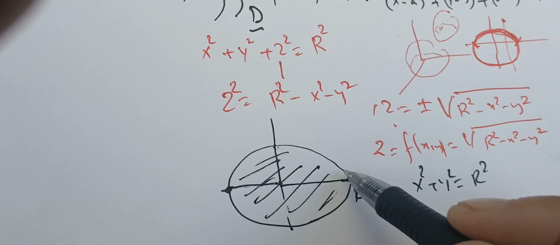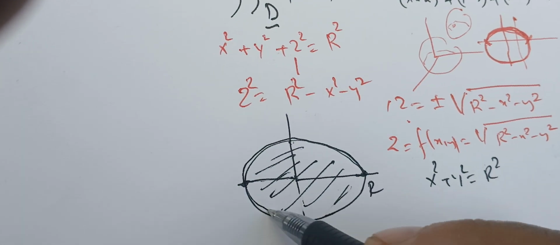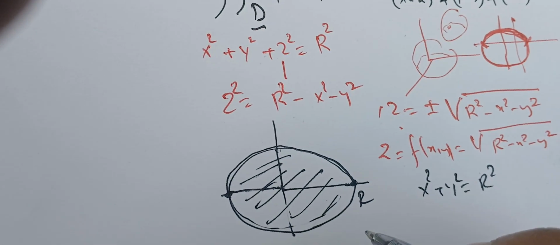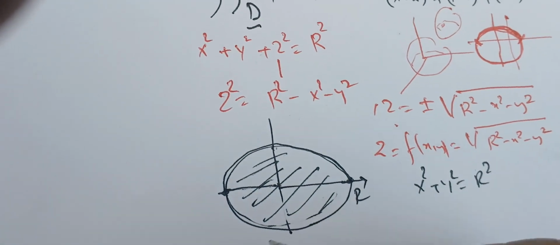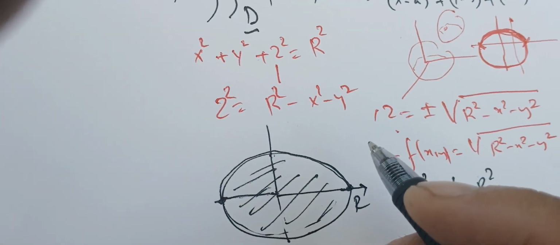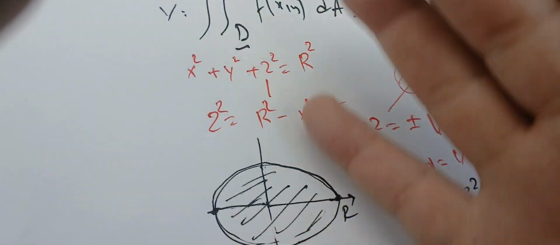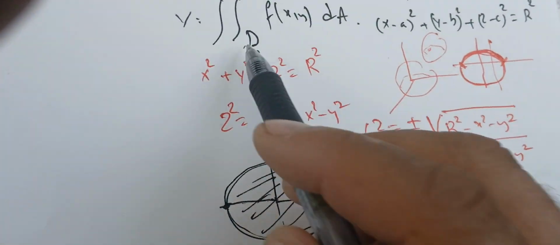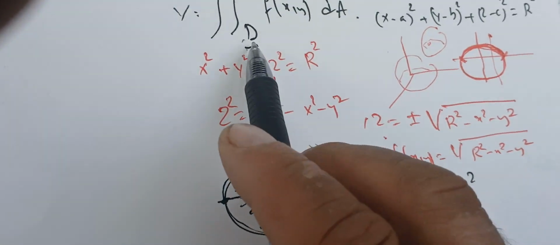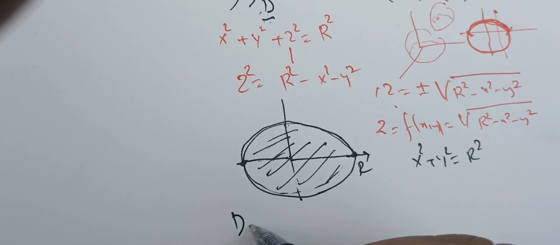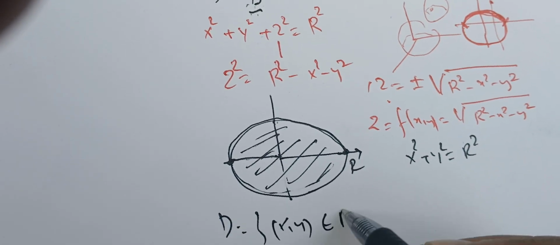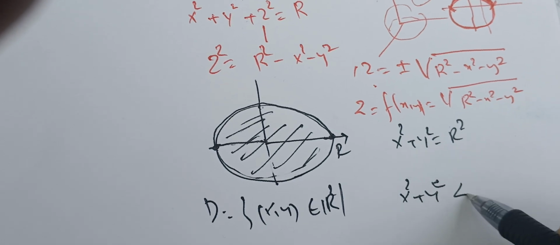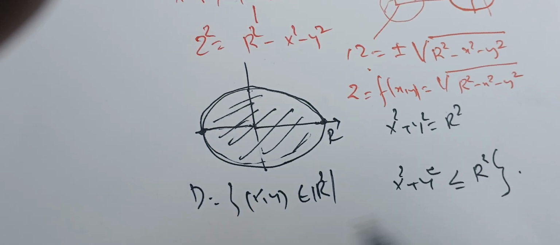Here, we can use rectangular coordinates. But for us, we're going to use polar coordinates to make it easy and to see how we can compute the volume in this case. In this case, D is the set of (x, y) in R squared such that x squared plus y squared is less than r squared.